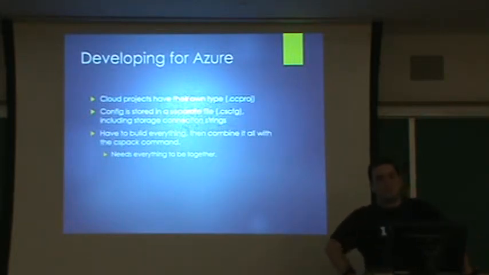So the way deploying to Azure works is that you build everything, stick it all in a folder, run the cspack command, and then it gives you this nice little package file that you can upload, which is great if you're living in Visual Studio and letting the IDE take care of everything. So while we do use Visual Studio, we don't exclusively use it.